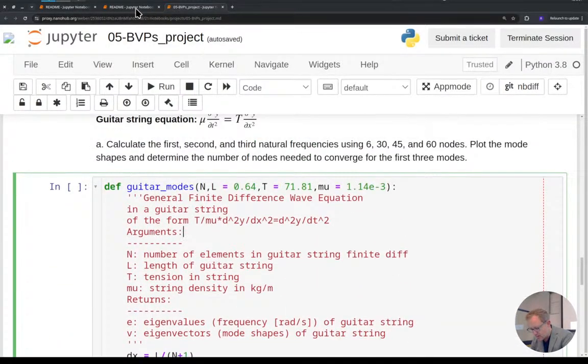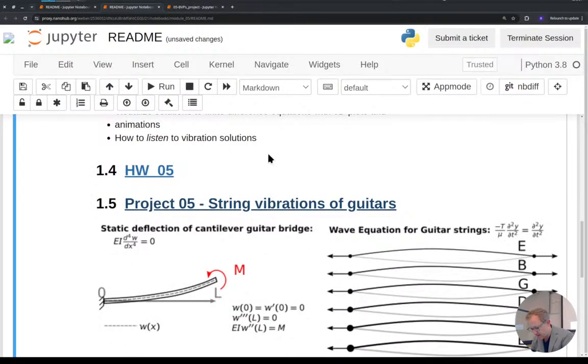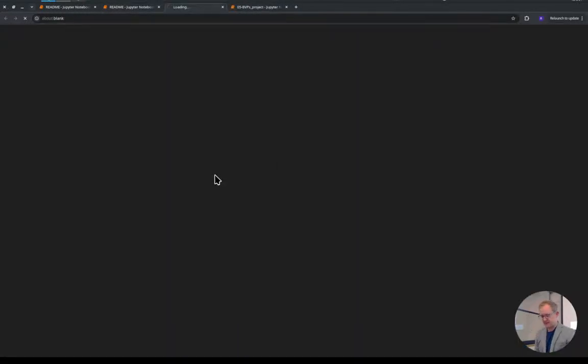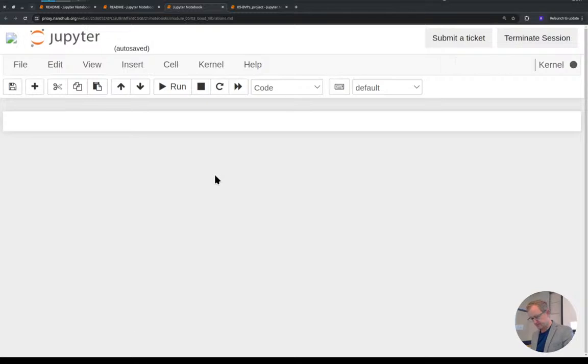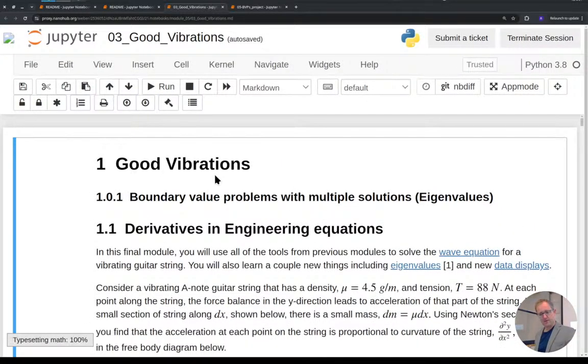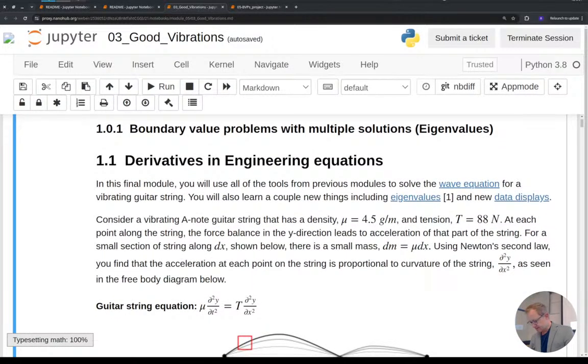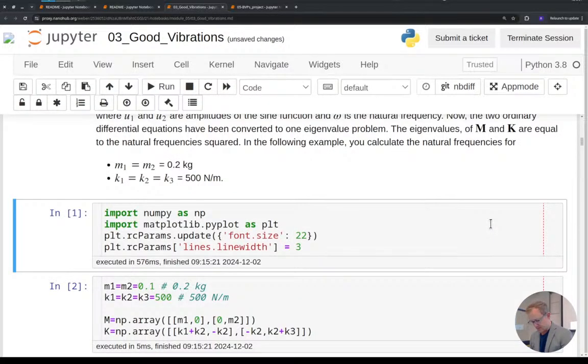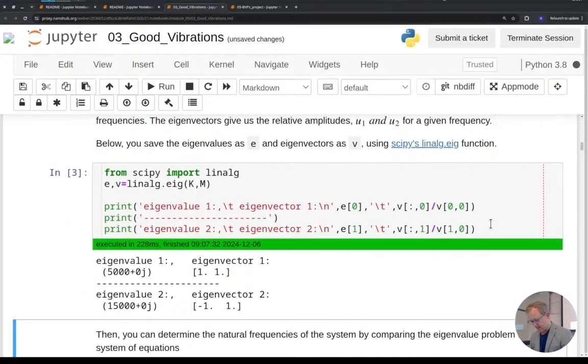So we can go back into the readings, and it's the same kind of setup as in the reading. We look at finding natural frequencies of just one guitar string. So 4.5 gram per meter with tension 88 newtons. So let's take a look at how this gets set up.